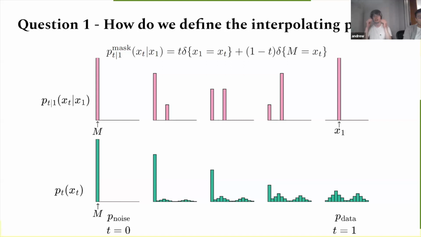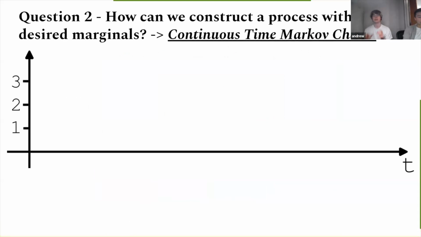And then when you take the mixture and the expectation with respect to the data distribution, you get a different type of interpolating process where it starts all on mask and then gradually reveals the data distribution. So there's some flexibility in how you can define your interpolating process, depending on what your data looks like. This P of xt given x1 is just something you will define when you're building your generative model. So the second question is, how do we then create a stochastic process that is going to go through all those marginal distributions that we just defined so we can actually do generative modeling?